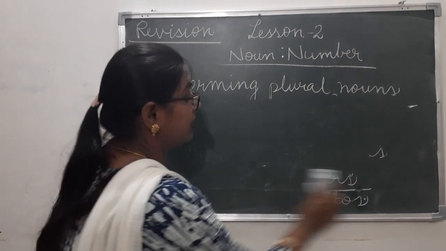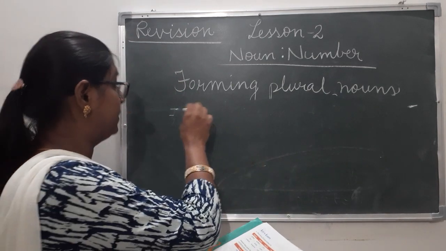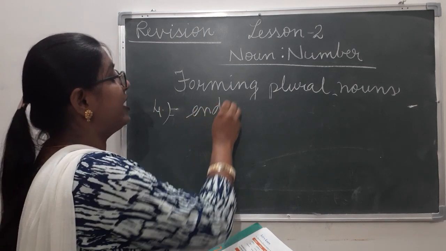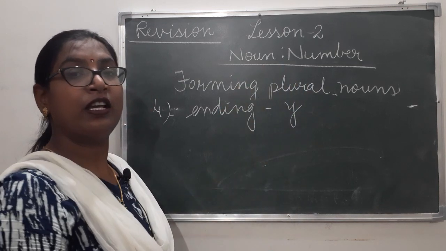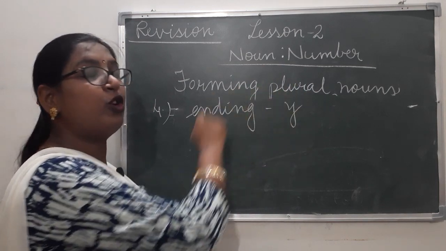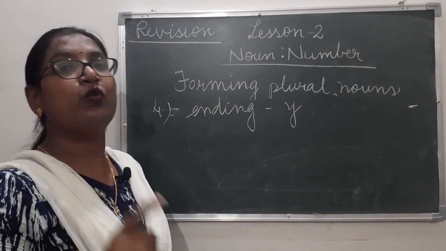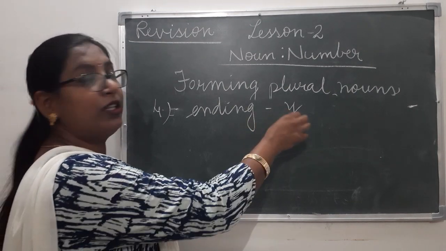Now, the next rule is when the word is ending in Y. If before Y comes any vowel, we just add S with them to make them plural.